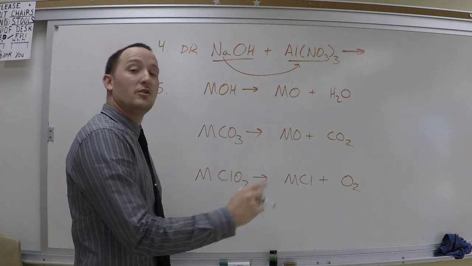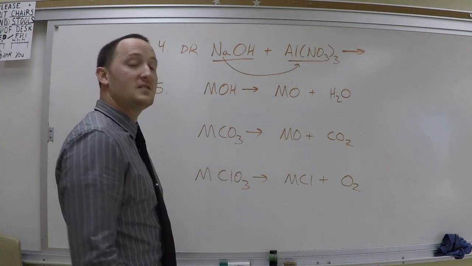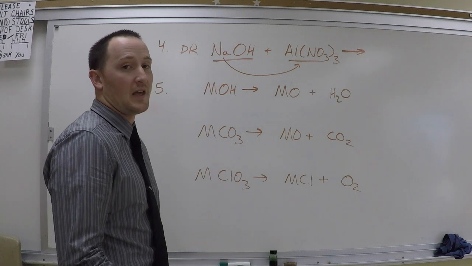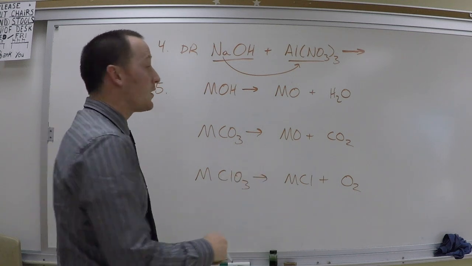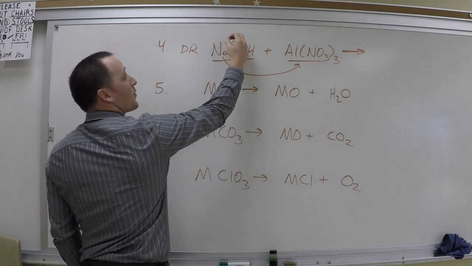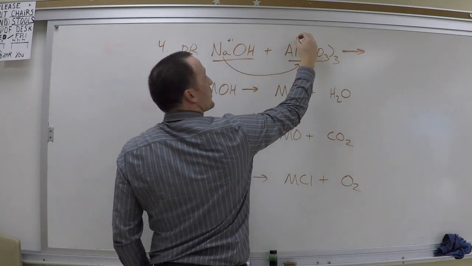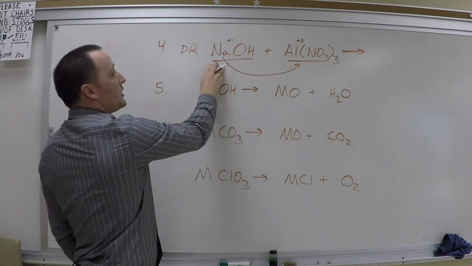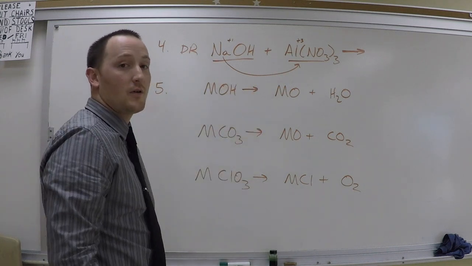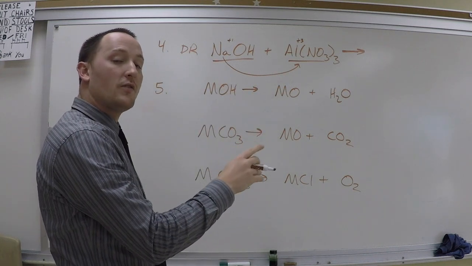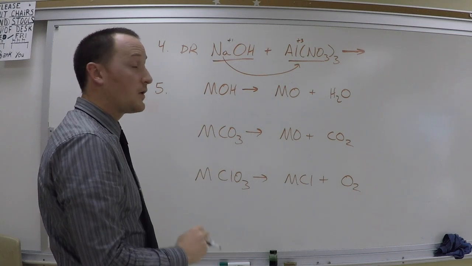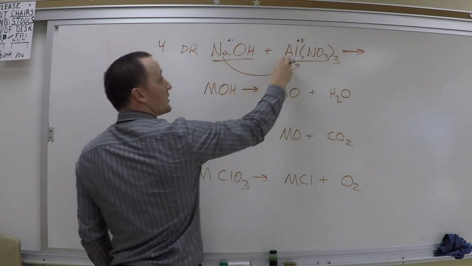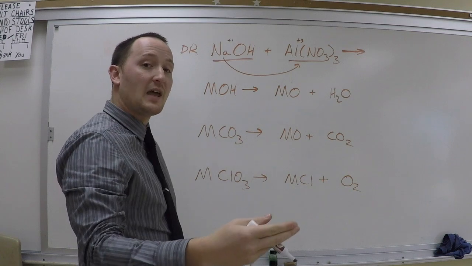Well, how you determine that is based upon the charges inside the ions and inside the compounds. Sodium always wants to form a +1 charge. Aluminum always wants to form a +3 charge. Sodium is going to kick out the charged particle that is the same charge that it is. So in other words, sodium is going to kick out aluminum. Kind of like in dancing.